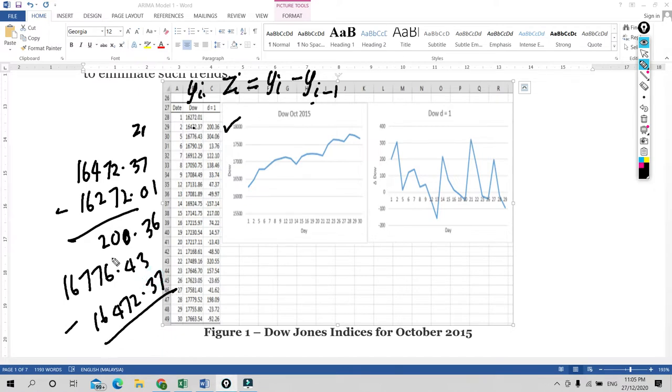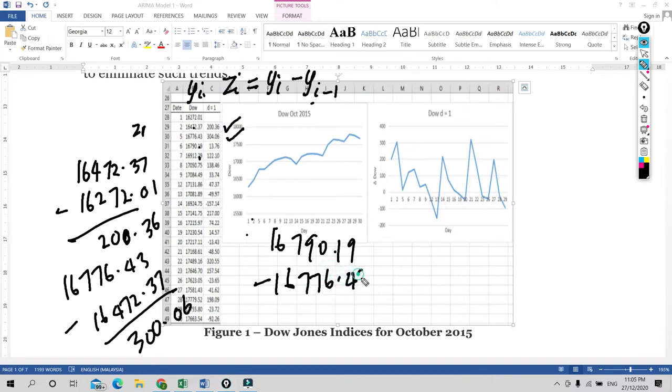If you deduct, you get 300.06. And the third one is this value, 16790.19, minus 16776.43. So the value is equal to 13.76. These are how we do differencing.